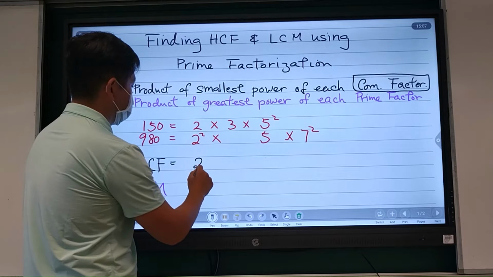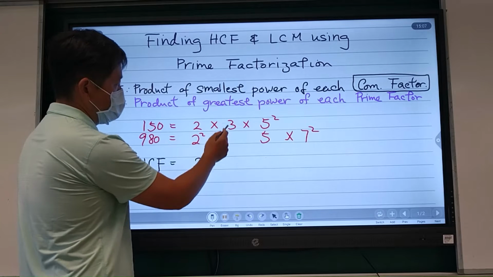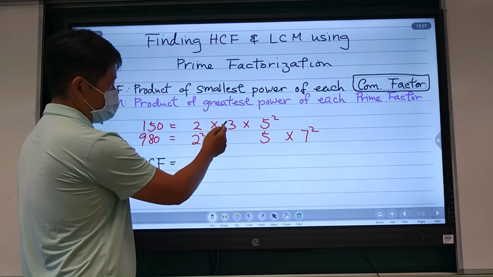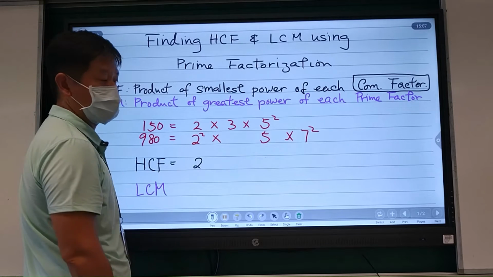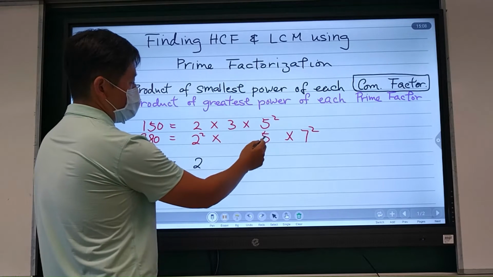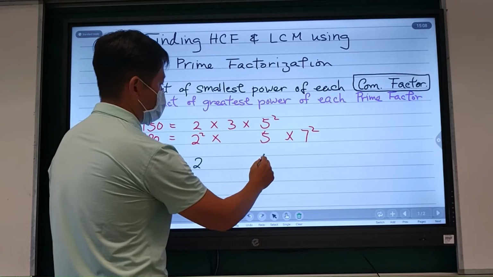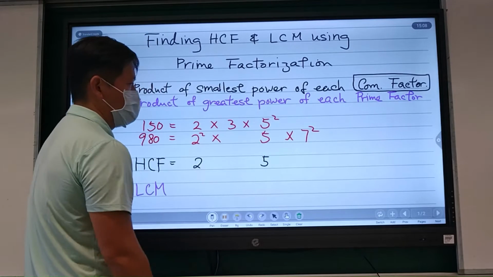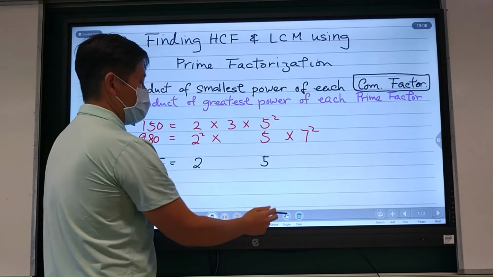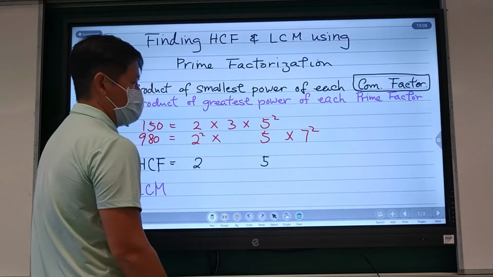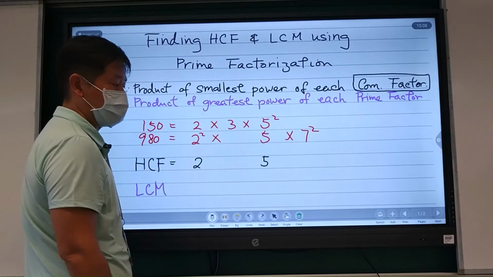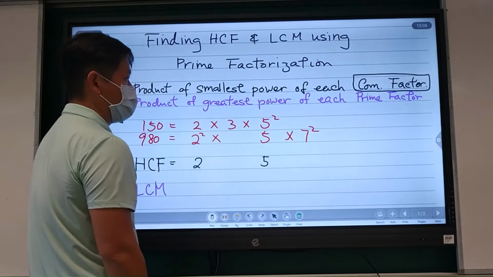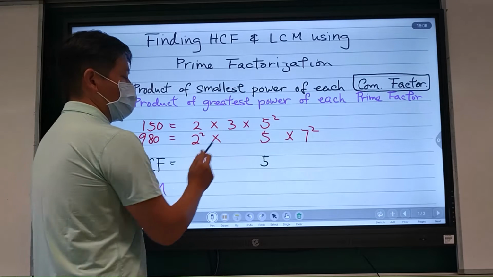Yes, I bring it down. Any more? 3: is it in common? Nope, this one has it, this one doesn't, so I can't bring that down. 5: this one has it, this one has it too, so that's a common factor. 7: only the 980 has a 7, the 150 doesn't. So the only common factors I have are 2 and 5.